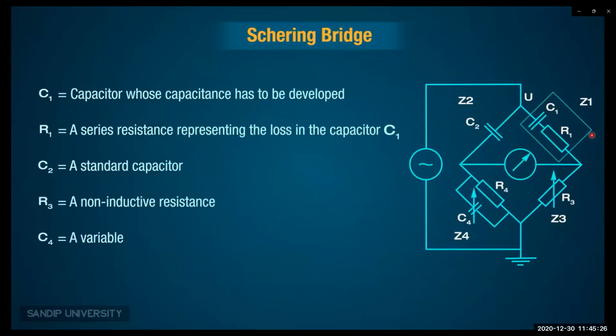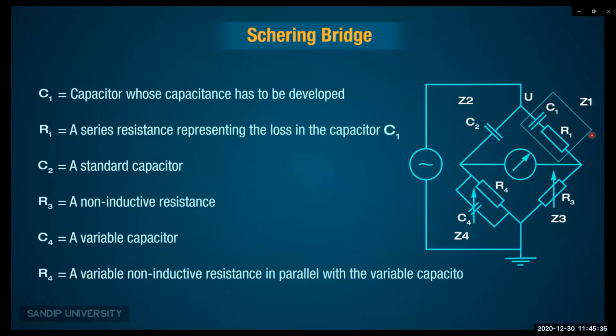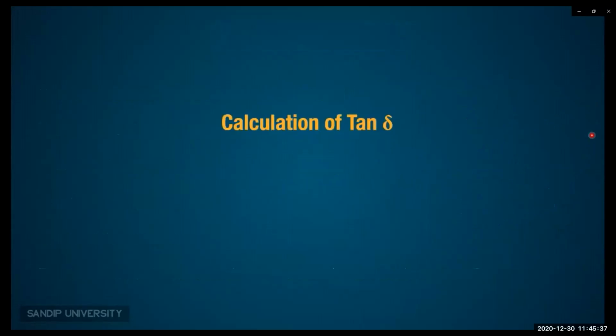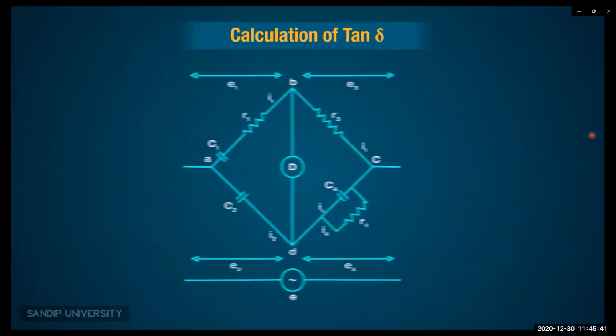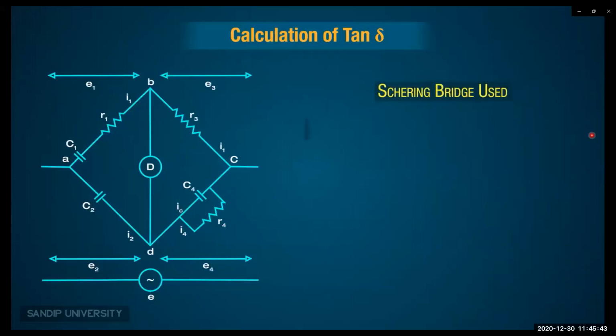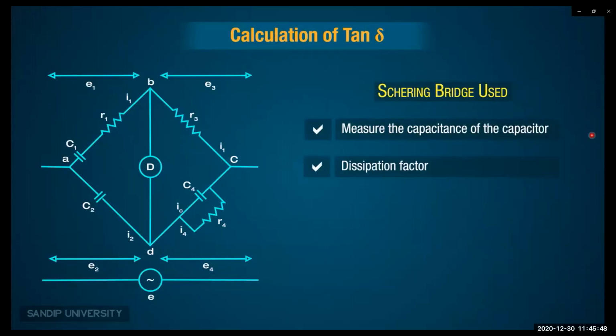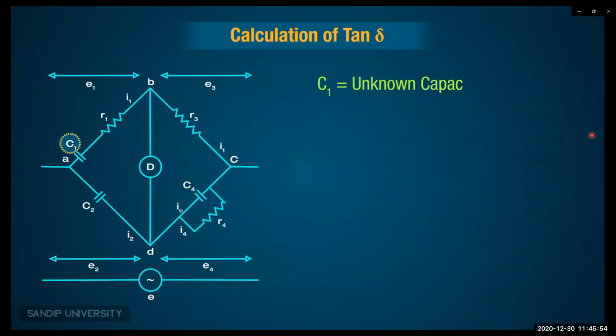C4 is a variable capacitor, and R4 is a variable non-inductive resistance in parallel with the variable capacitor C4. Next, calculation of tan delta. This is the Schering bridge. It is used to measure the capacitance of a capacitor, dissipation factor, and relative permittivity.